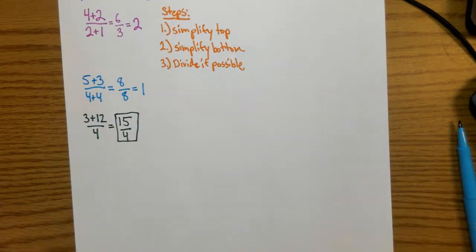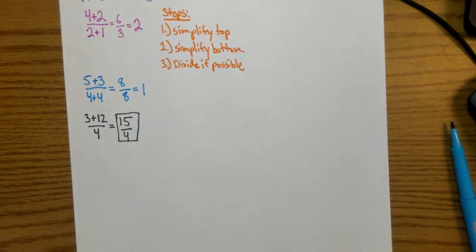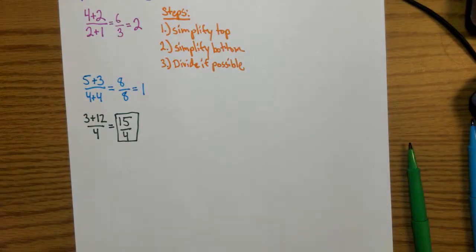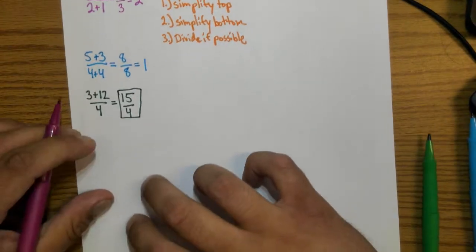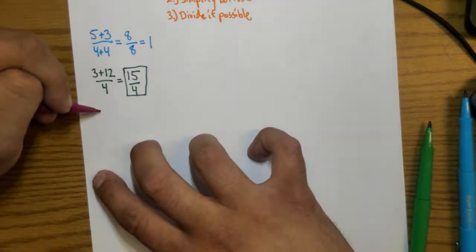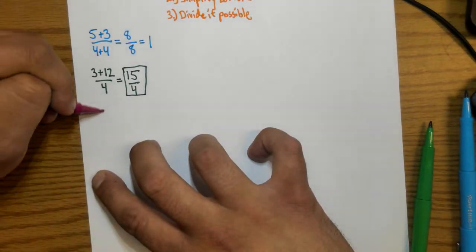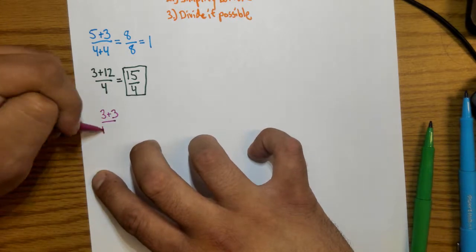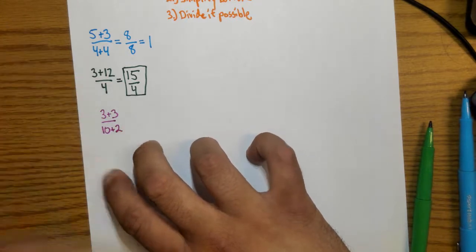Now, sometimes we can reduce fractions, right? Let's say we simplify 3 plus 3 divided by 10 plus 2.